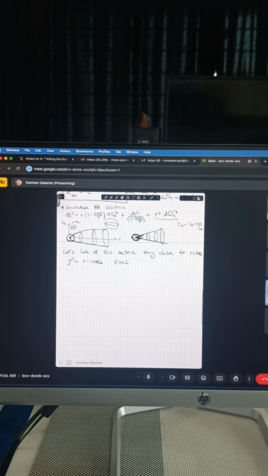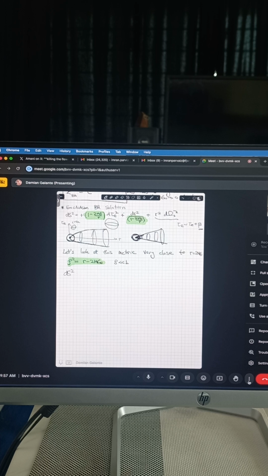Okay, and now I want to expand these functions over here, this one and this one, for rho squared much less than 1.